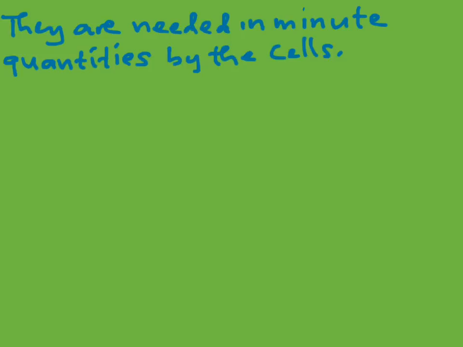It just depends on the type of reaction they are to catalyze, and that will determine the amount of enzyme needed to carry out that particular reaction. The quantity needed must not be large because they can react even at minute quantities to carry out the appropriate reaction.